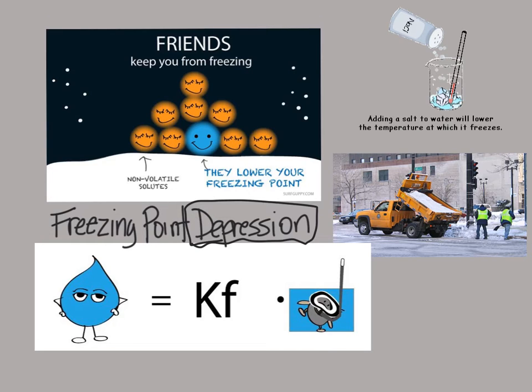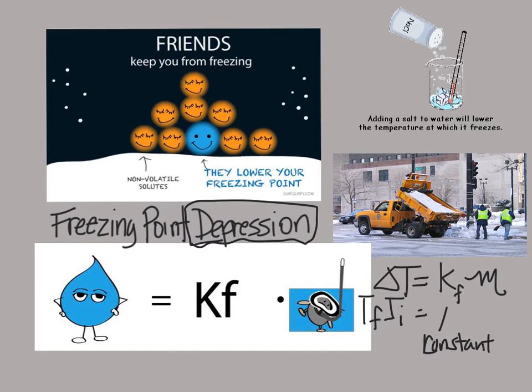So the equation that you need to know is delta T equals K sub F times molality. Now the delta T is a change in temperature. So remember, we're doing the final minus the initial for the temperatures. And that is equal to K, which is a constant, and then the molality is the moles per kilogram of the solute.